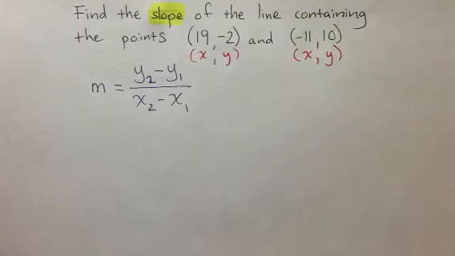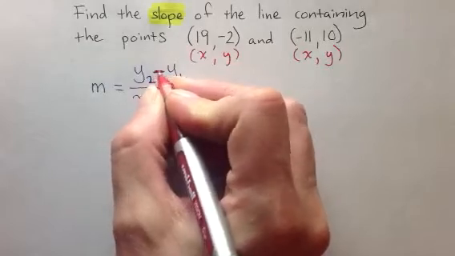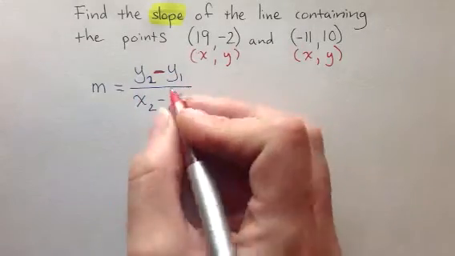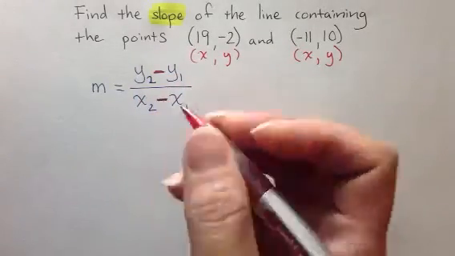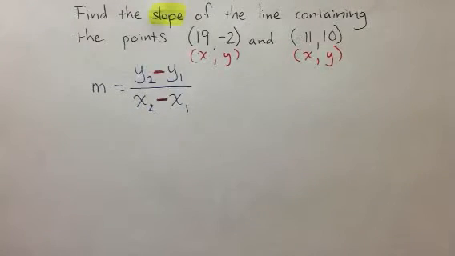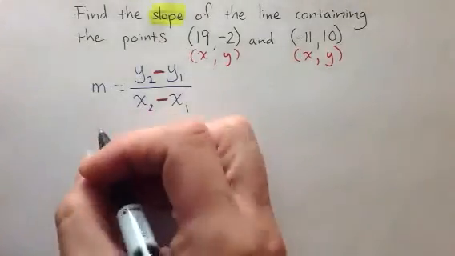When I go to substitute in the formula, I need to remember that I'm finding the difference, the difference in the y's and the difference in the x's. I have to be careful when I'm doing that subtraction, because if I'm subtracting a negative number, it becomes addition. Here we go.